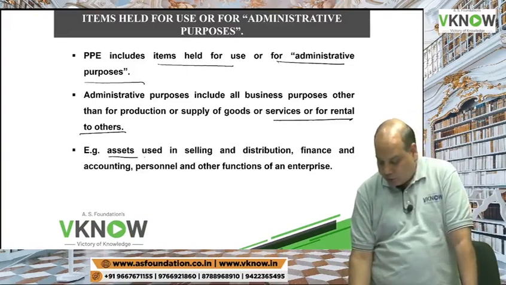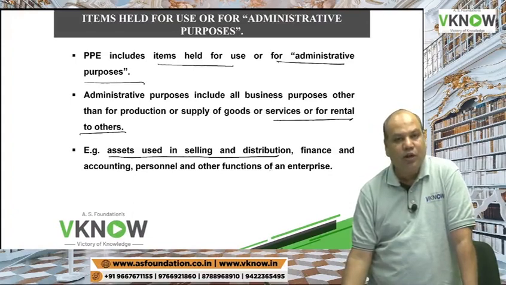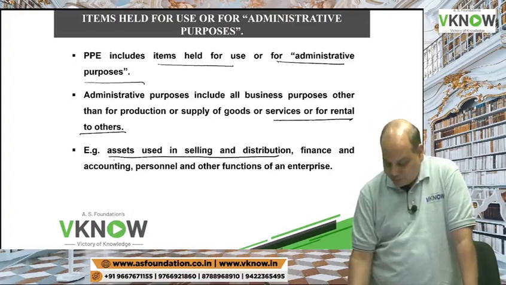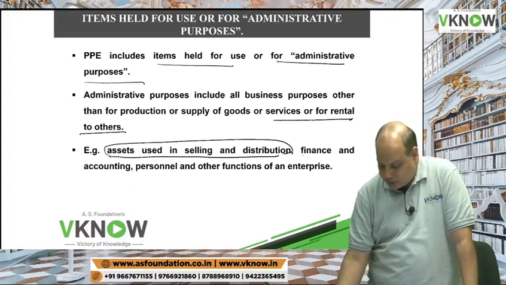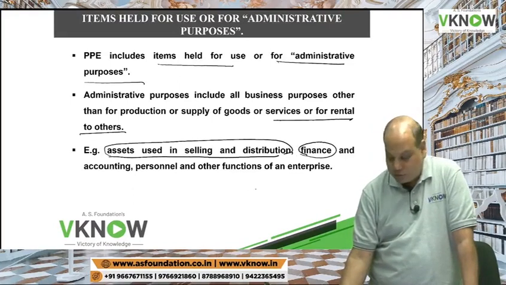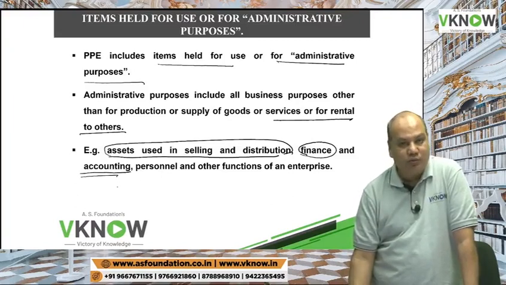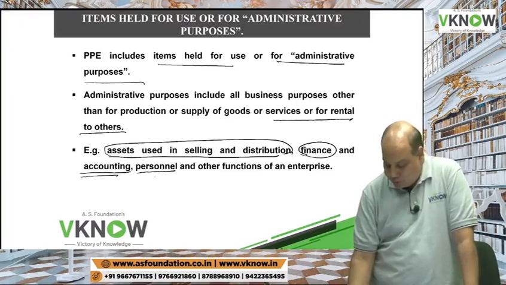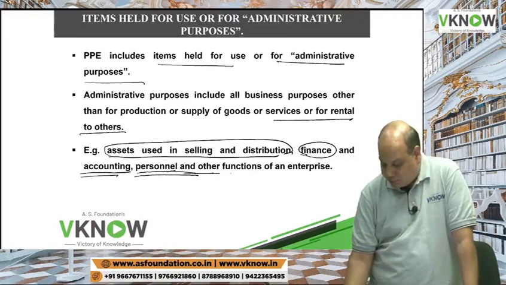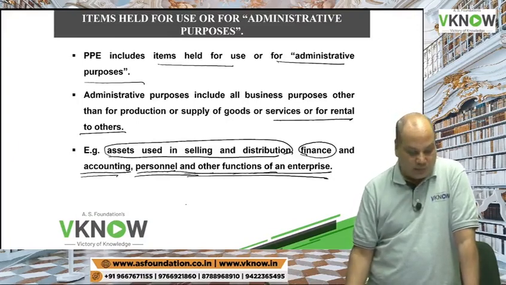Like an asset used in selling and distribution, capitalized as PPE. Assets used in finance, like computers used for calculations. Assets used by accounting personnel, whatever equipment they require, like a time machine, attendance machine, are all PPE items.